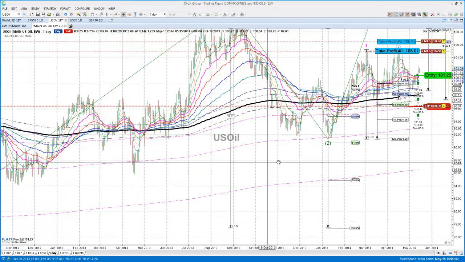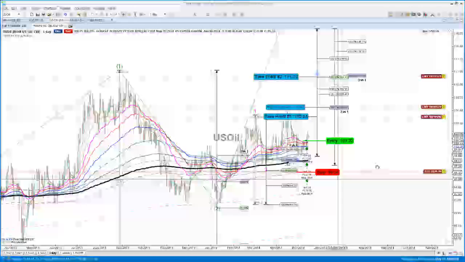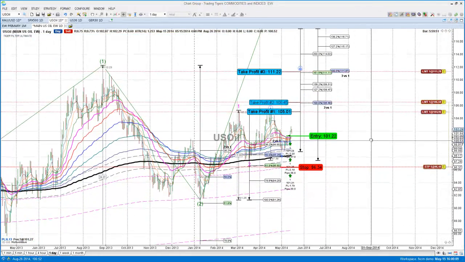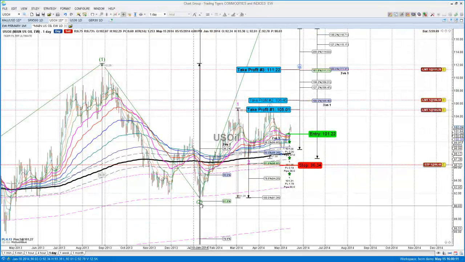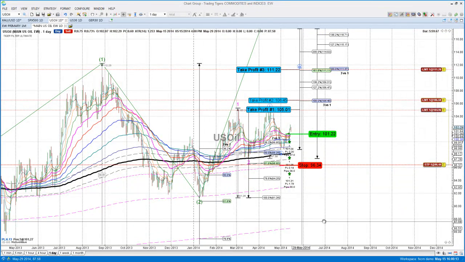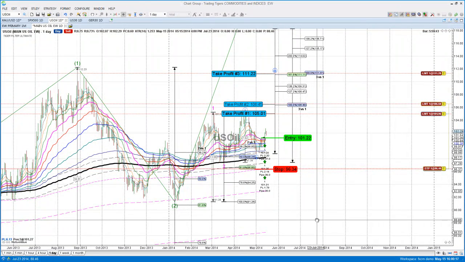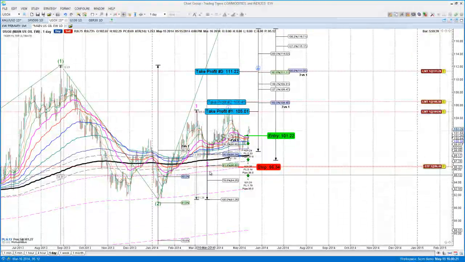So wave 3, as I told you, we're currently in that wave 3 of the primary, which is red in circles. Now if we look at the green in brackets, it's also in a wave 3. So we're in a wave 3 of primary, wave 3 of intermediate. We break it down further.